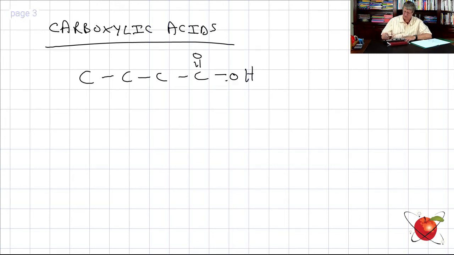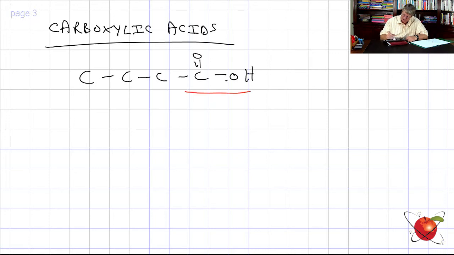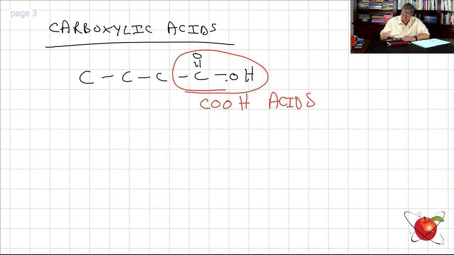OH, double bond O. Can you see the double bond O coming in from the aldehyde and the OH from the alcohol? Don't even think like that. Don't try and put them back to where they may have come from. Just say to yourself, this is a new group, all right? And its family is that, and I always remember them as COOHs. They are acids, right? It's an acid.